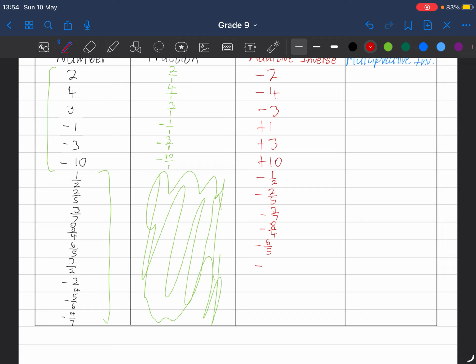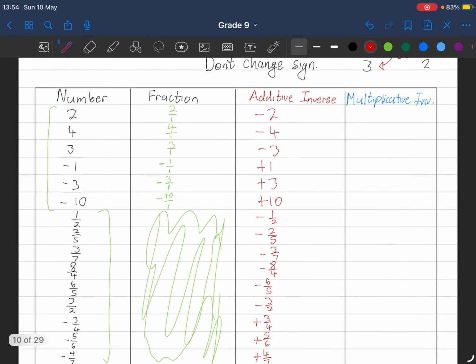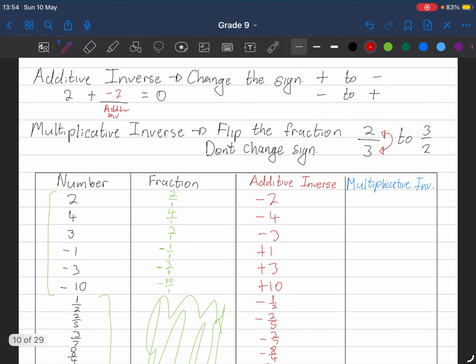The additive inverse of 3 over 2 is -3 over 2. The additive inverse of -3 over 4 is +3 over 4. Then you get +5 over 6, and lastly +4 over 7. That's straightforward.